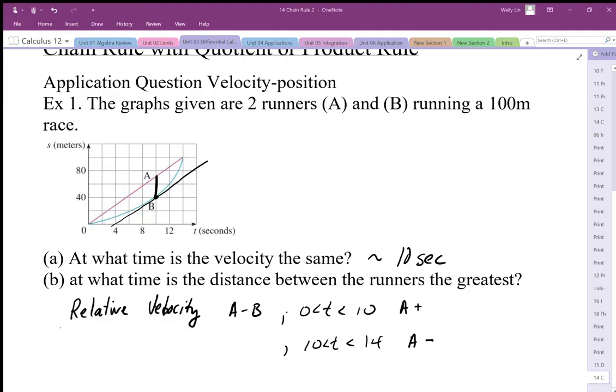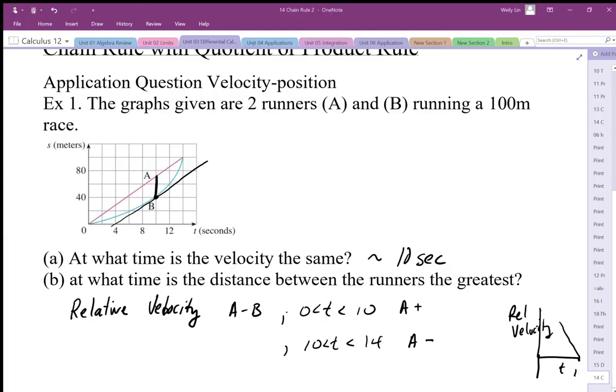So the relative velocity, if we sketch the relative velocity, okay, so the relative velocity between the two is going to be, from 0 to 10, A is going to be positive. Okay. A is going to be positive and B is going to be negative at that point, at 10 seconds.